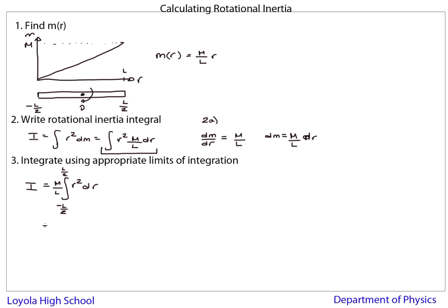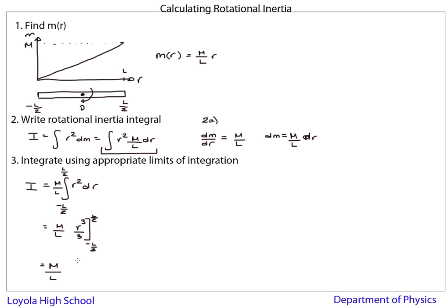Now we can integrate this relatively simple integral. This is M over L, times r cubed over 3, evaluated from minus L over 2 to positive L over 2. I'll leave the 3 there.